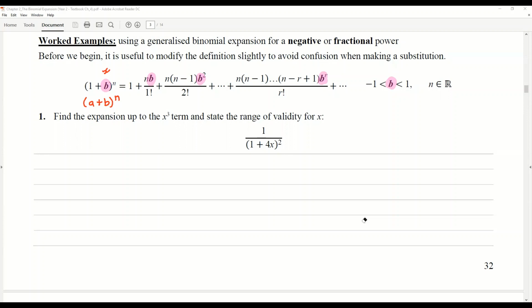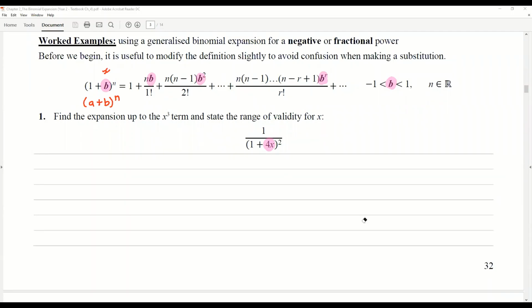I hope that's okay. So in the first example here, we're asked to expand 1 over (1 plus 4x) to the power 2. So it's in that form, the 1 plus b form. I'm going to write down what my b is straight away.